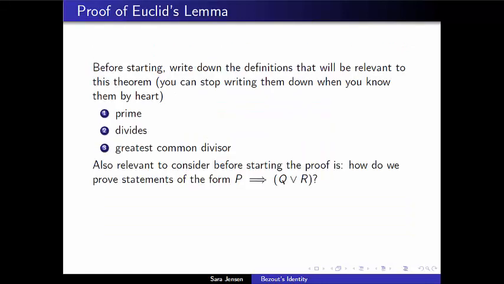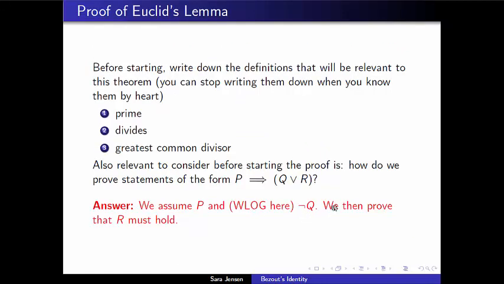There's no loss of generality in just picking one of them at random and saying this one does not hold. Once we've made that additional assumption, it's our job then to prove that R must hold.